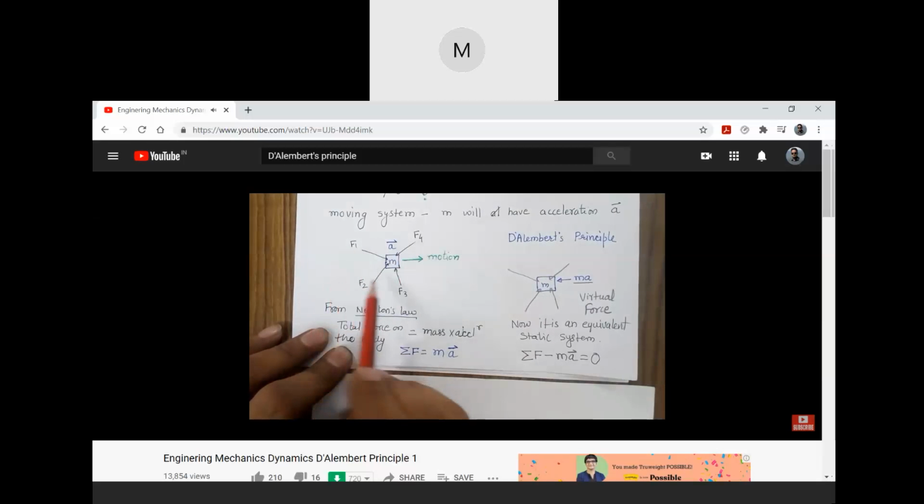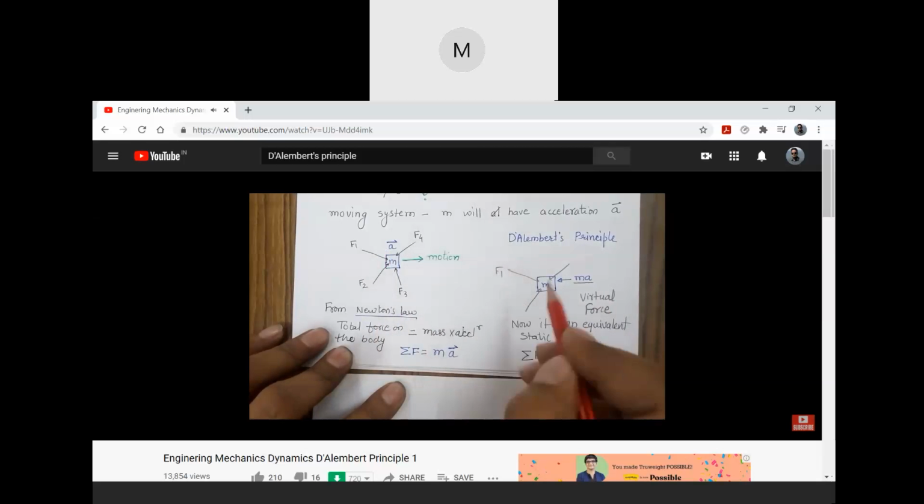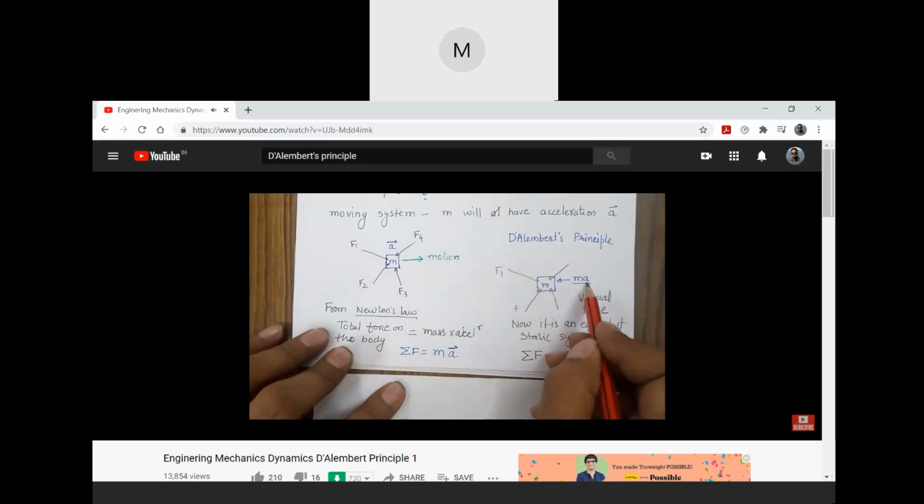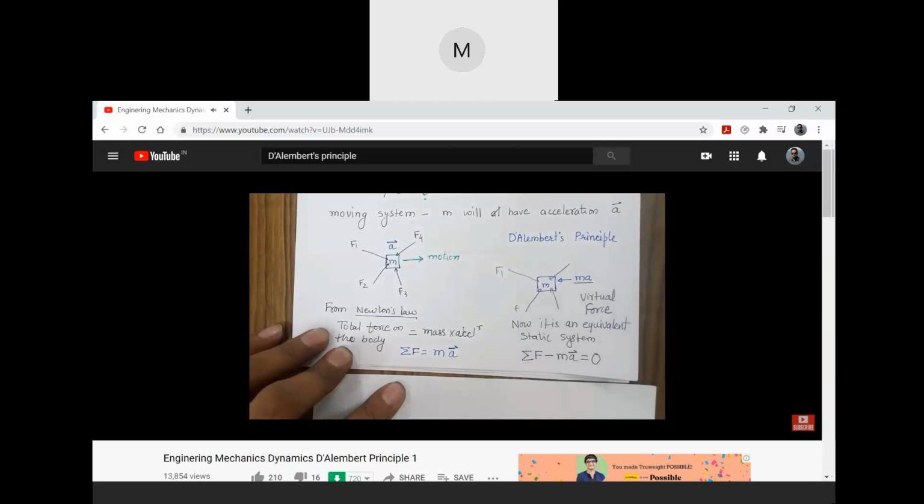We had four forces, and because of them the system was moving with certain acceleration a, and now we are adding an additional force of magnitude ma, and because of this ma, the system will be considered as an equivalent static system. Now if I write the equation for this static system, which is actually moving but which I have considered an equivalent static system, the total forces minus mass into acceleration will become zero.